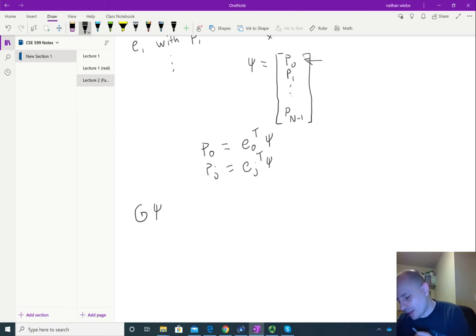First thing that I think is really kind of cool about this is that because each G acting on psi is just a permutation, interestingly enough, all reversible gates acting on a probability distribution of this form doesn't change the information or the entropy of the probability distribution that you have.